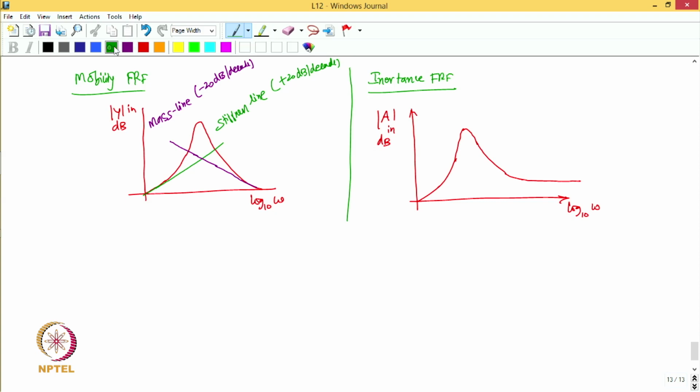In this case, you will have the stiffness line, which will have a slope of plus 40 dB per decade, and then the mass line would be a horizontal line like this, with a slope of 0 dB per decade.